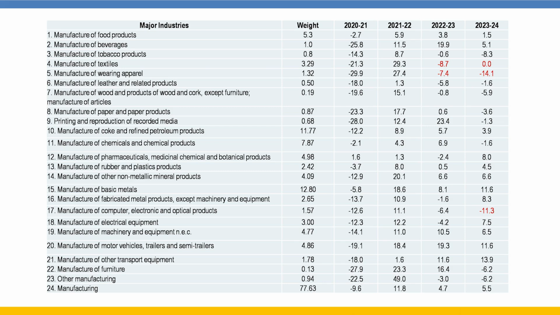You do not really get very high growth in any manufacturing sector, and overall manufacturing growth was declining, from 2021, 22, 23: 11.8, then 4.7, and then 5.5. As I have said, it is suggesting the same thing, that there was an overall gradual decline. All right, so that's the point that we need to understand.